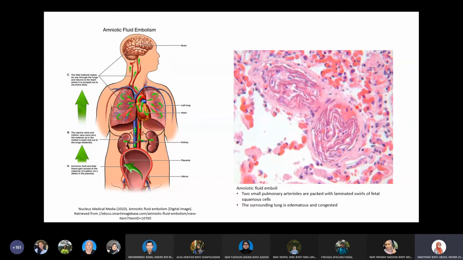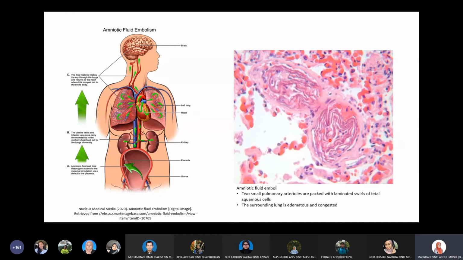So when you do autopsy, this is a pulmonary arteriole. This is the lung tissue under high power. If you can see, this is one pulmonary arteriole, a small blood vessel. This is within the lumen. As you can see, the lumen should be empty, but here it is occluded with fetal tissue.